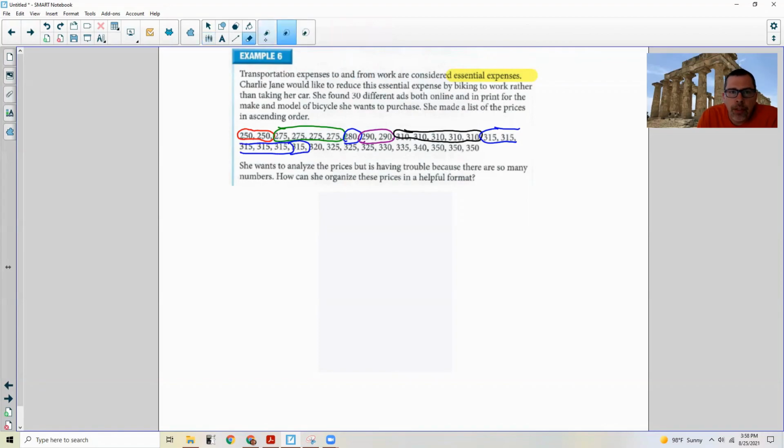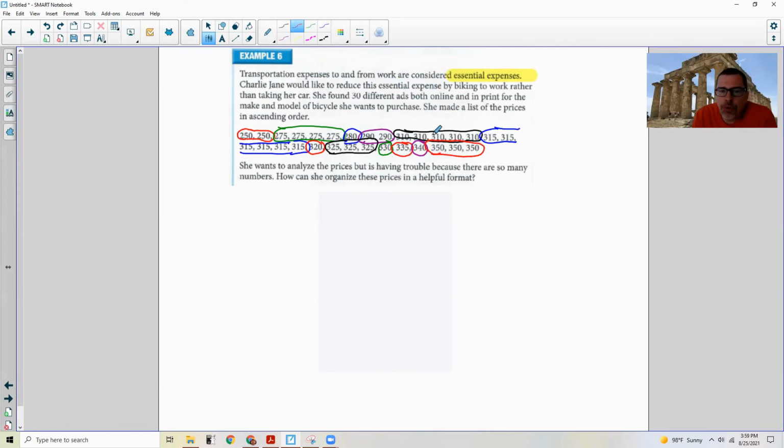Okay. Let me get rid of this little thing here. All right, and then there is one 320, three 325s, a 330, a 335, a 340, and finally, three 350s.